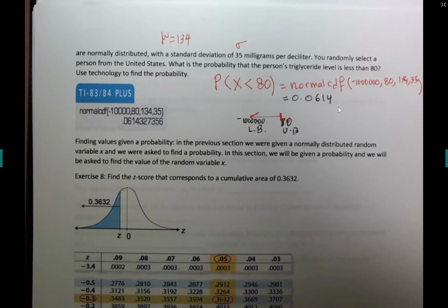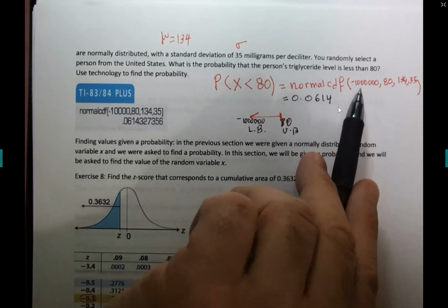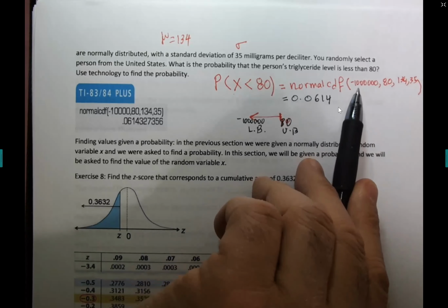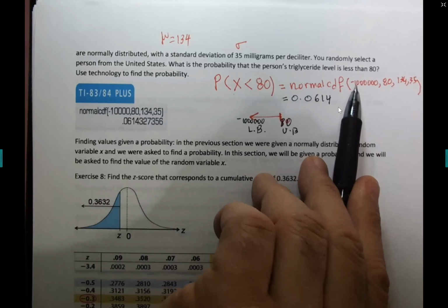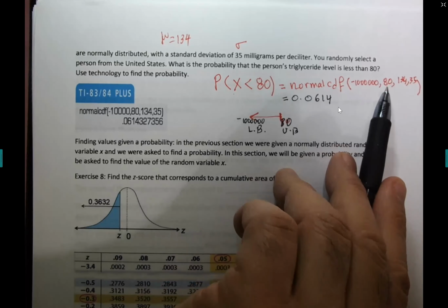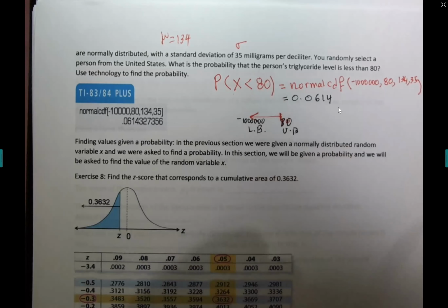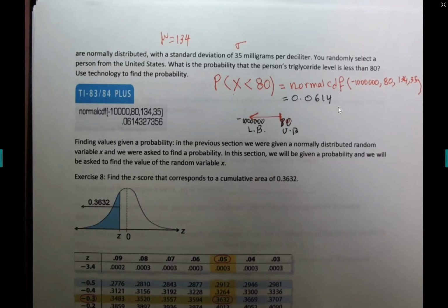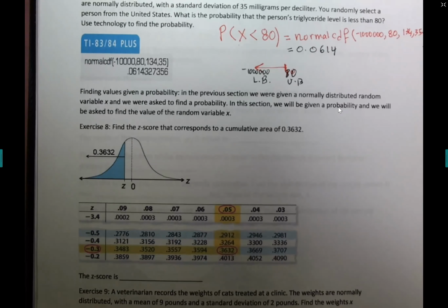But if you understand how to use negative a million on the lower bound and a million in the upper bound, that would be fine. You can always use that. Okay, so that is the answer to the question.